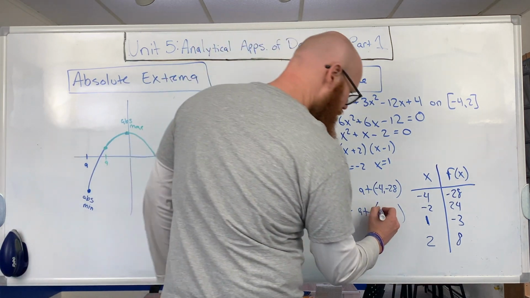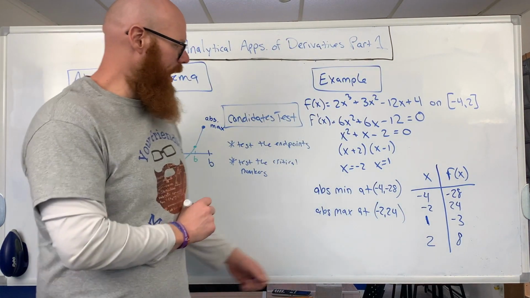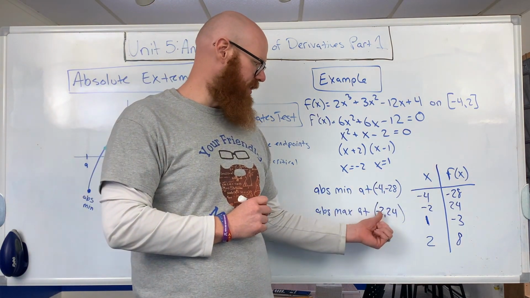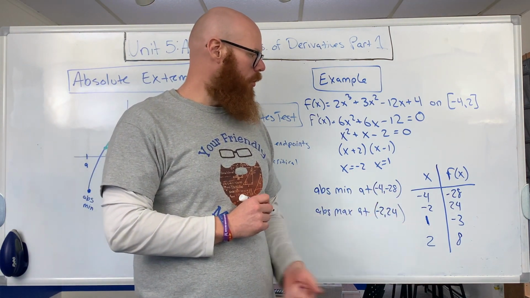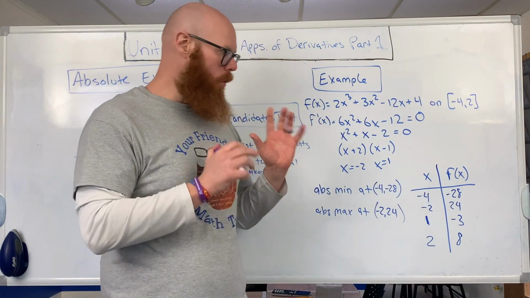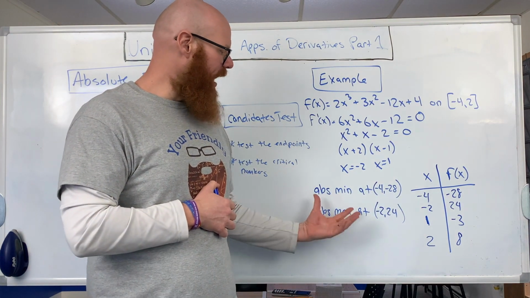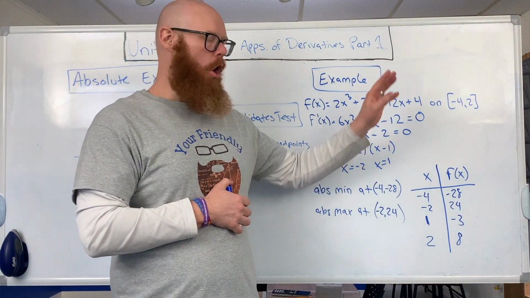So that's at -2, 24. Sometimes they'll ask you where they occur, so that could be just the x value or the whole point, or if they just ask for the absolute minimum value, that's only the y value. So the lowest value on this function is -28, and the highest value is 24 on this interval.